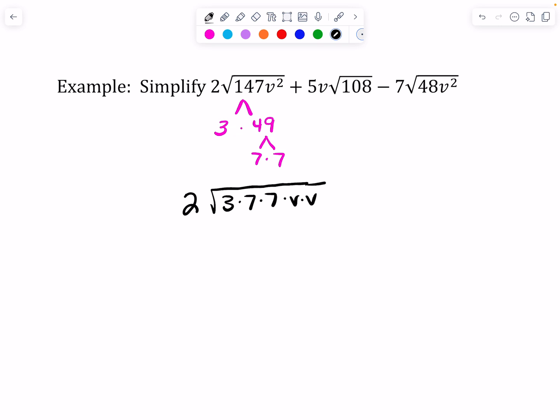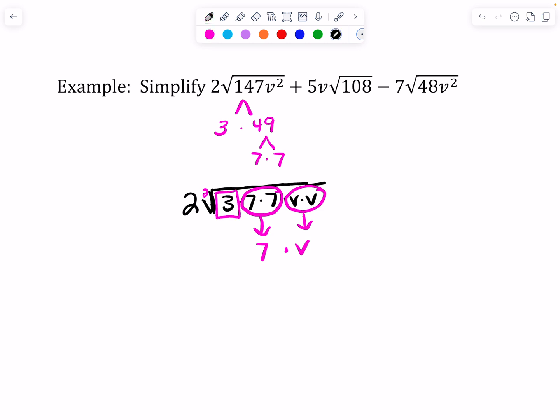So now we are looking for groups of 2 because our index here in front of our radical is going to be a 2. It's square root. So we have 2 7s, so a 7 comes out. We've got 2 v's, so a v comes out. And that shows us that the 3 stays underneath.